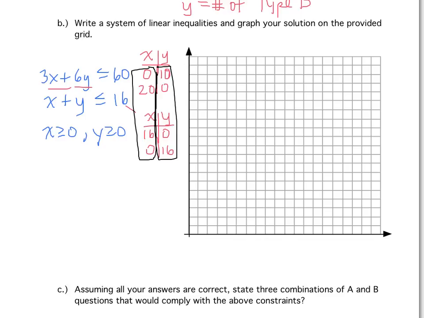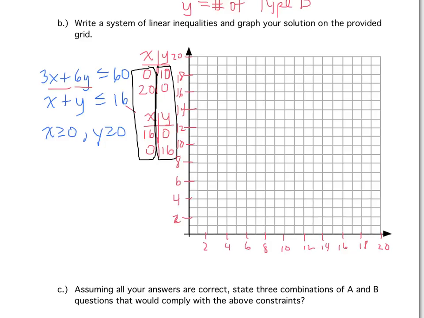So on the x-axis, we're just going up by ones: 2, 4, 6, each box is 1, 8, 10, 12, 14, 16, which I needed, 18, 20. And then same thing going this way. I'll stop and get this done.